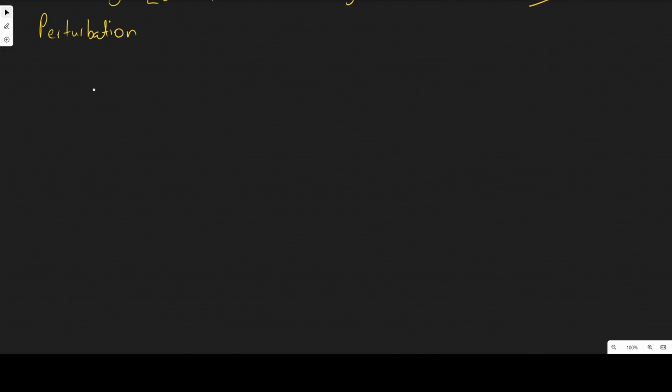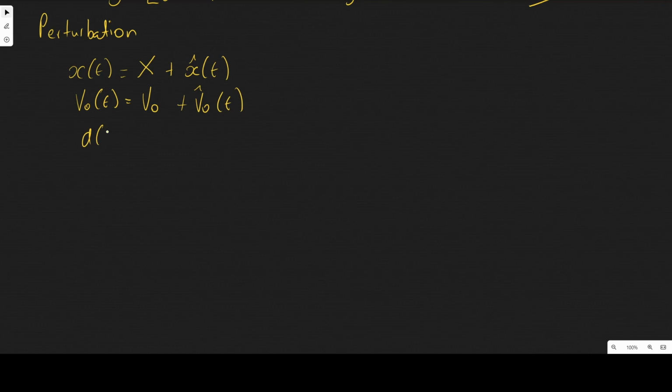This is where the signals are split into their DC and AC components. So here we would write the states x(t) as a DC component plus an AC component, which we will call x hat, and we will apply this to all the states. So the same with Vout, a steady state DC component, and Vout hat, and the same with the duty cycle, D plus D hat.